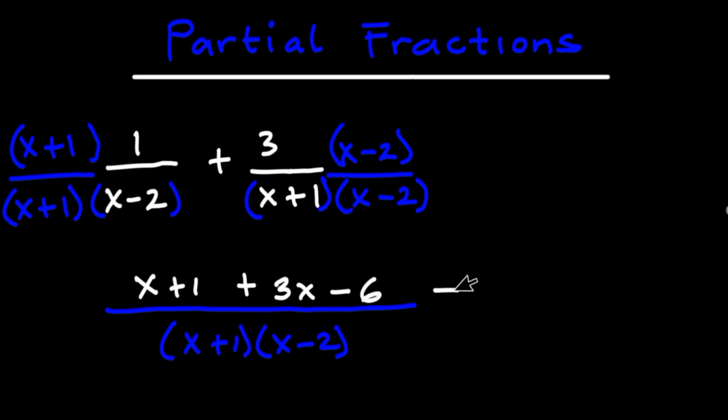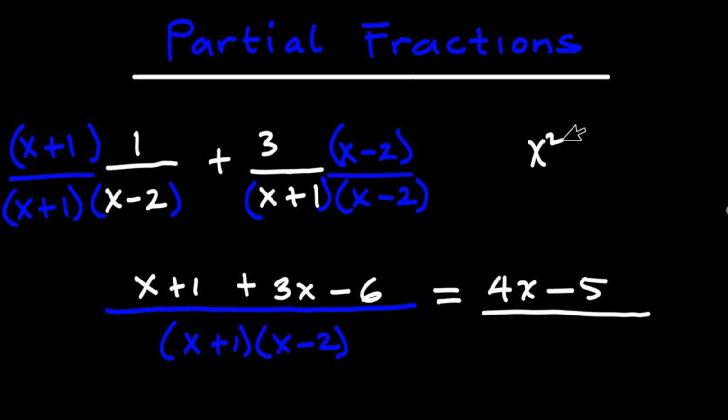Let's go ahead and simplify this fraction. If we do that, we're going to have x plus 3x, which gives me 4x. Then positive 1 minus 6 is negative 5, all divided by... Now let's go ahead and expand this bracket. x times x will give me x squared.